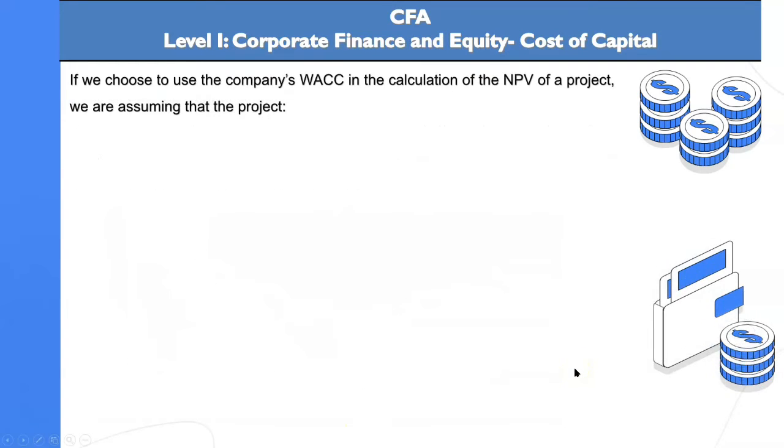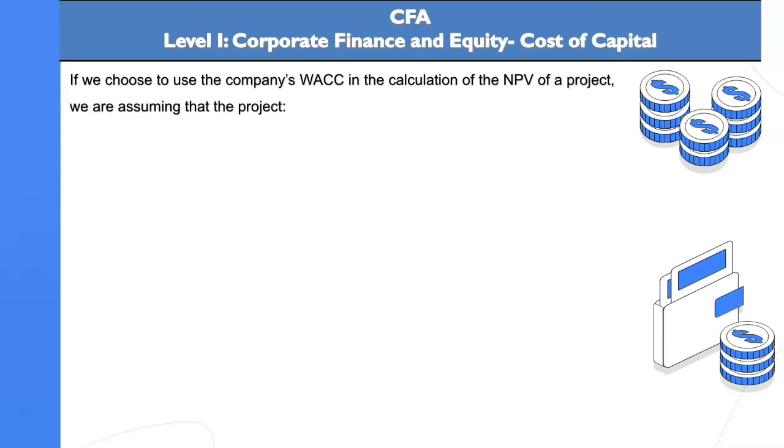Let us move on and discuss the weighted average cost of capital as a discount factor to find out the net present value. If we use the weighted average cost of capital of the whole company to evaluate new projects, implicitly we are making two assumptions.